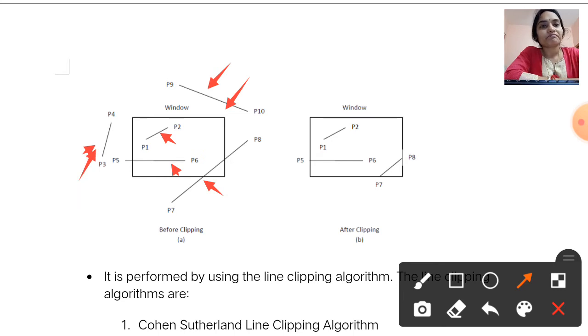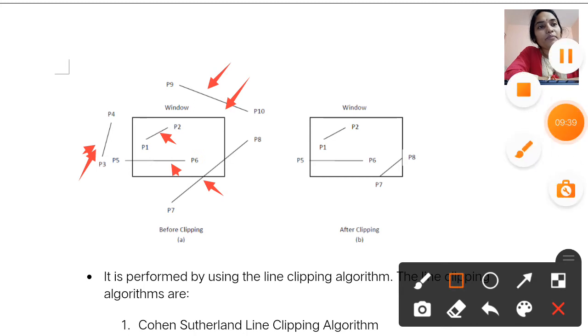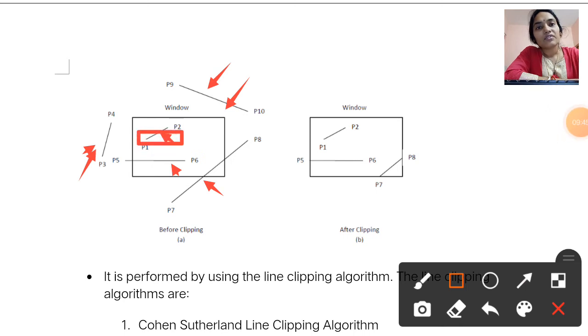And these three lines will be inside the window. P1 and P2, this line will be inside the window.